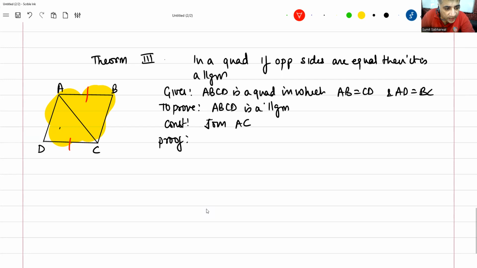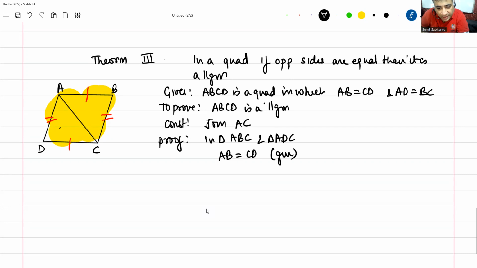Proof: let us take both these triangles into consideration and mark the equal things. AB is equal to CD and BC is equal to AD. So we'll simply say, in triangle ABC and triangle ADC, AB is equal to CD, it's given.